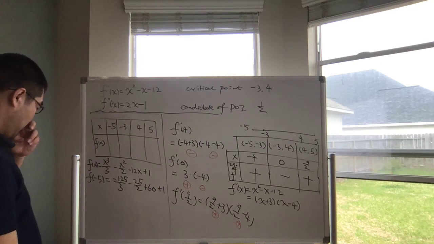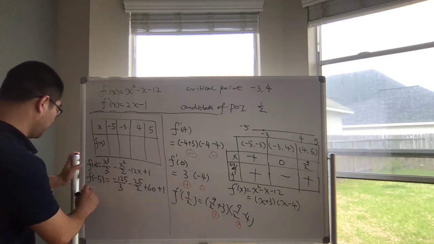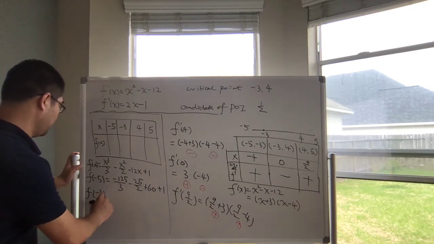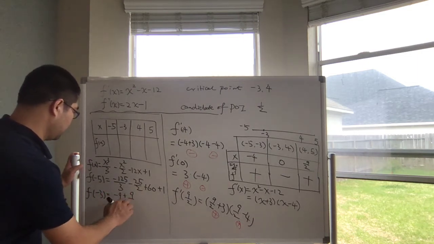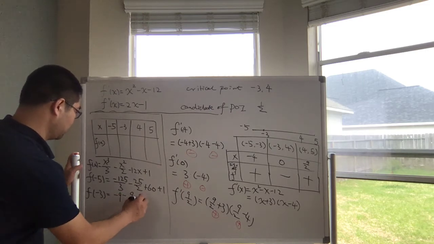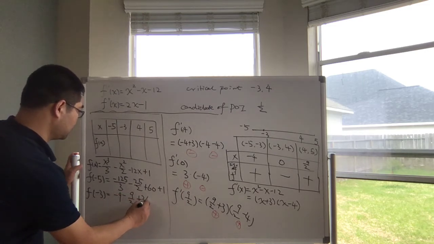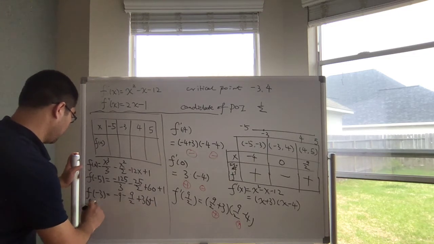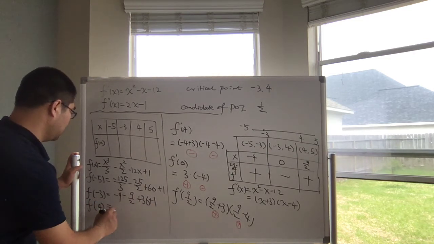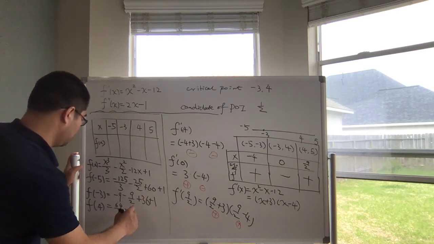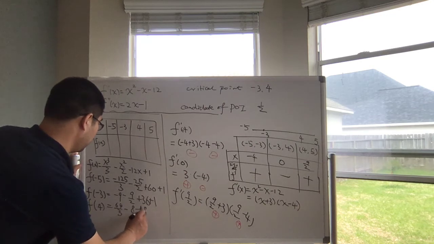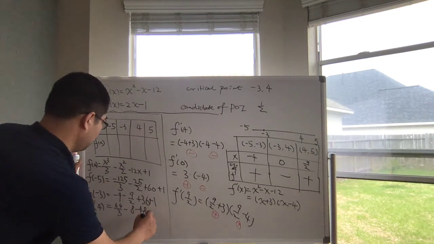And f of -3, you're going to have -9 plus 9 over 2 plus 36 plus 1. Then f(4), which is 64 over 3 minus 8 minus 48, and then plus 1.